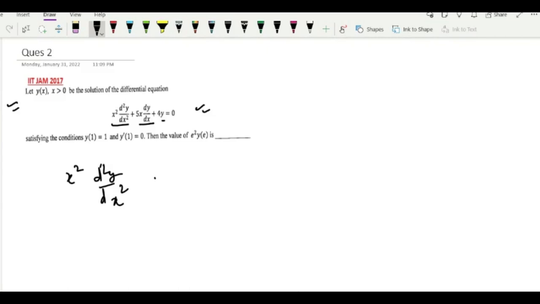The only difference is that in this question, we have a condition on y. So we have to find the complete solution y first. Then after finding y, we put y of e and multiply it by e square, and we will get the required answer. So again an easy question.